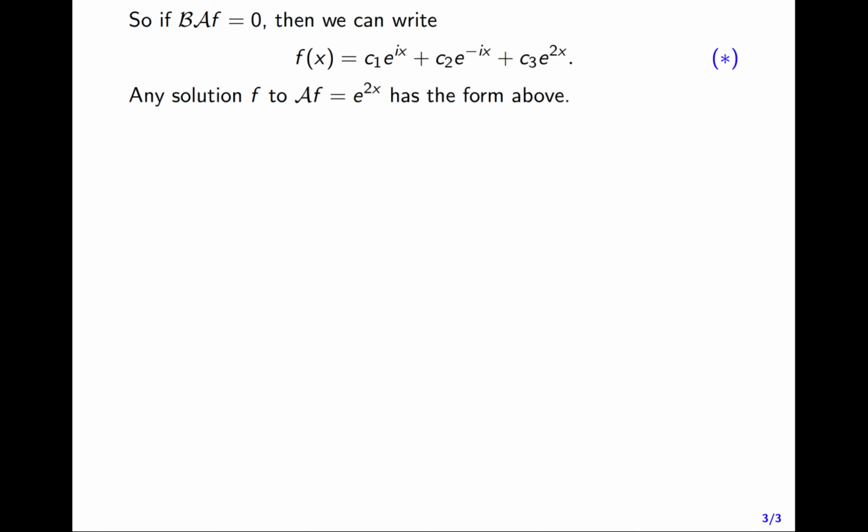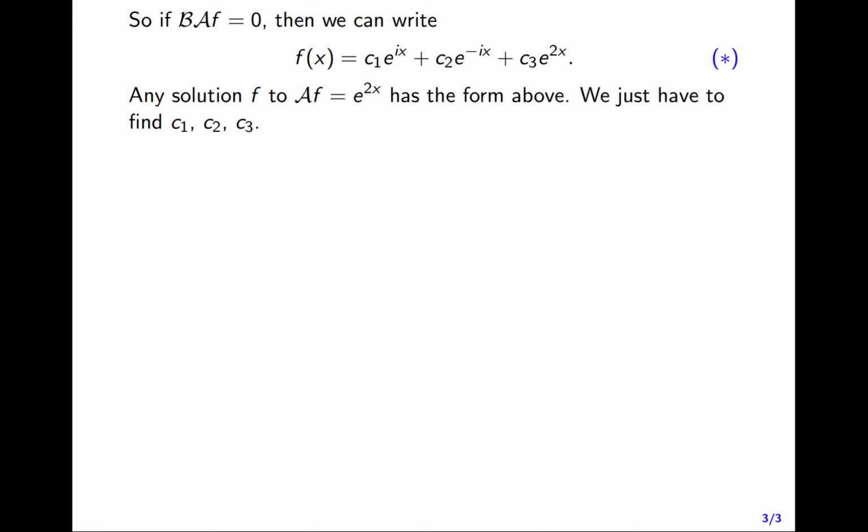And therefore, if b on a on f equals 0, we can write f of x equals c1 e to the ix plus c2 e to the minus ix plus c3 e to the 2x. And any solution f to our original problem a on f equals e to the 2x must have the form above.